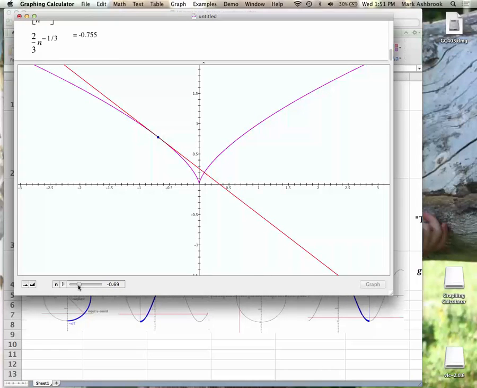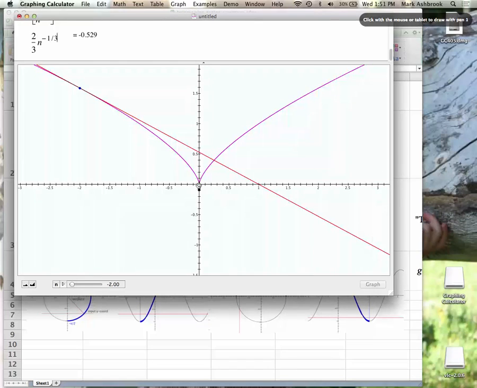Increasing or decreasing? Decreasing, getting more negative. Okay, so we get more and more negative, but then what happens at 0? What's the rate of change at that corner point? What would you say?